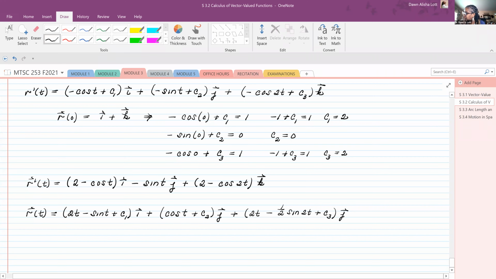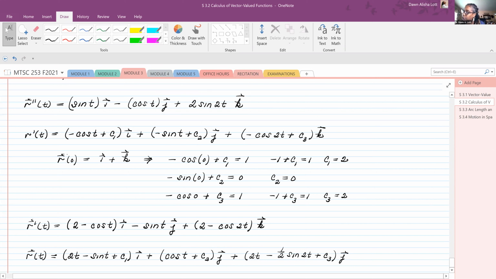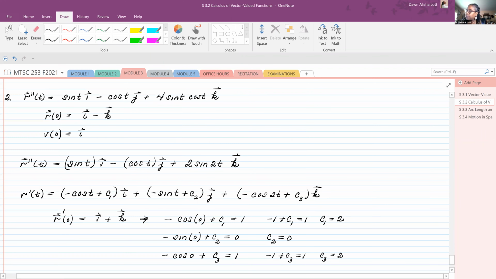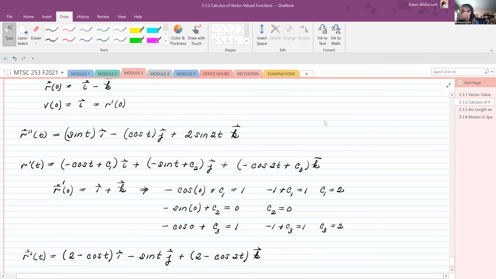And I think I just did this wrong. I knew it. I wasn't supposed to use R here. I was supposed to use R prime. And R prime is V of 0. So this is R prime. It's just supposed to be i. So this is wrong.